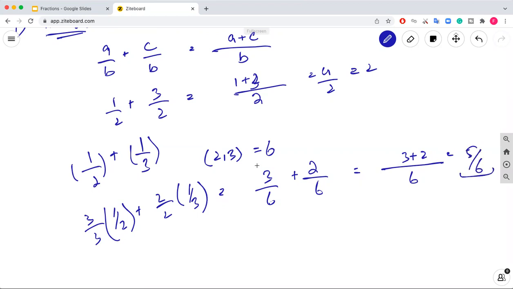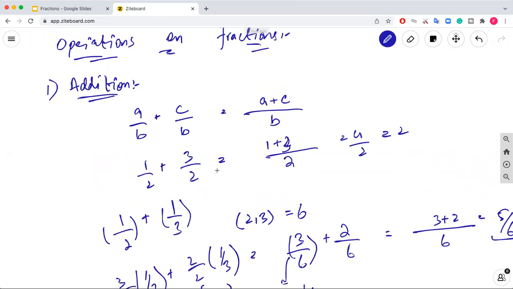Right, so the takeaways: if you have the same denominator, just add up the numerators. When you have different denominators, take the LCM and convert them into equivalent fractions. Otherwise, if you just proceed further, this will result again in 1 over 2, so it doesn't matter. This was the case for addition. A similar case holds for subtraction, with the only difference being the sign.